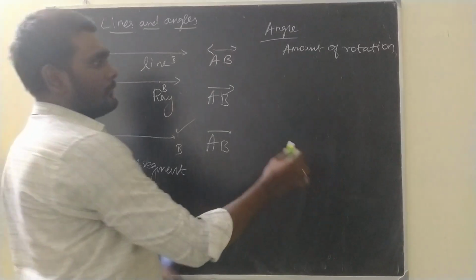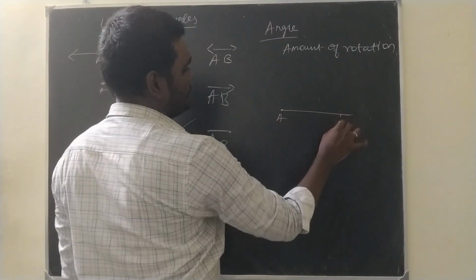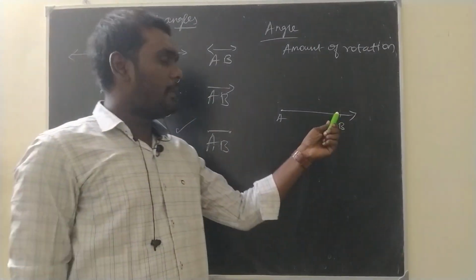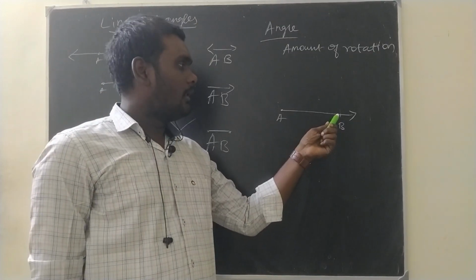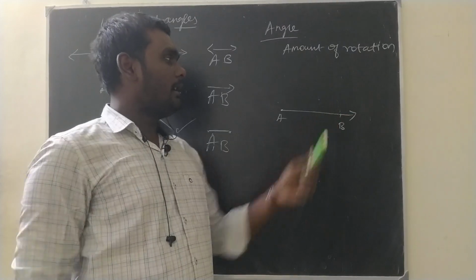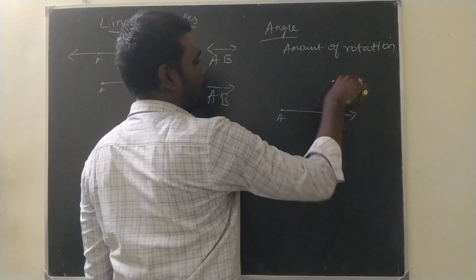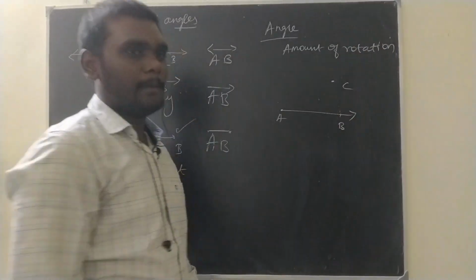See, initially one ray is like this. Then the point B started moving above or below, wherever. Say the point B went there. We'll mark that new position of B as B dash, or C. That is the new position of B.